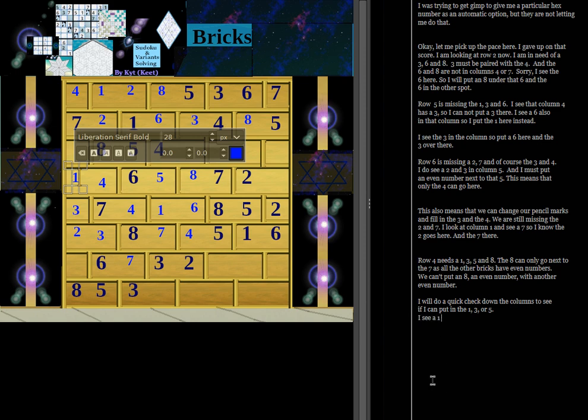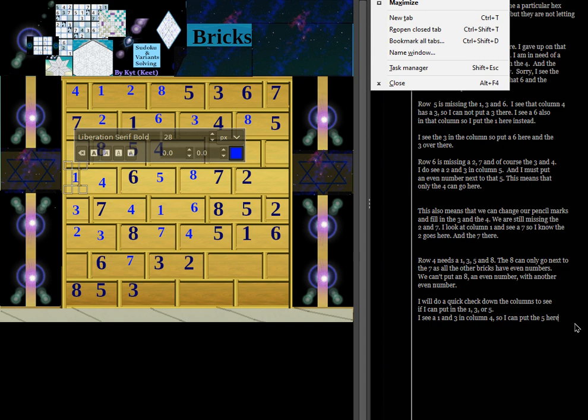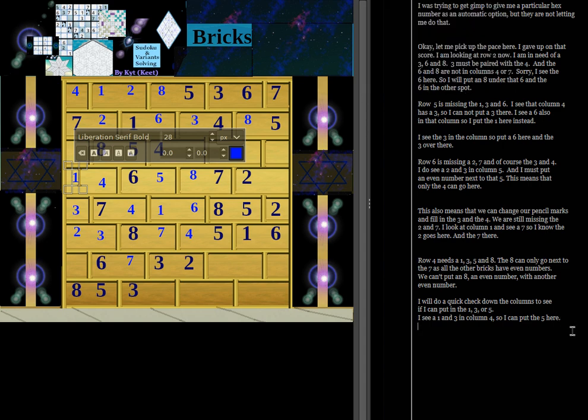I see a 1 and 3 in column 4, so I can put the 5 here, and then column 1 had the 3, so I put the 1 here and put the 3 in the last column.